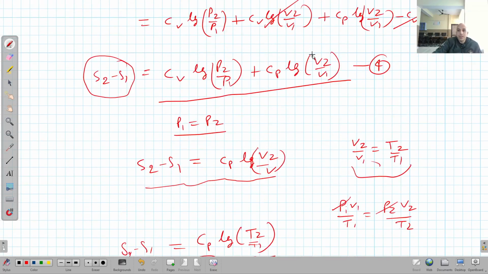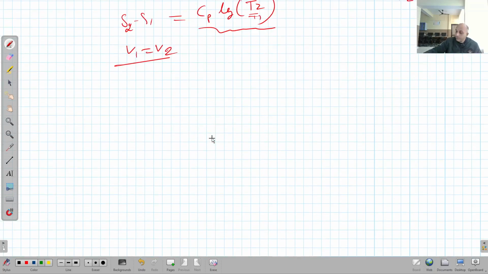If you put it here, this term will become 0 because V2 upon V1 is 1, log 1 is 0. So what you will get? Cv log of P2 upon P1, clear. This is S2 minus S1.